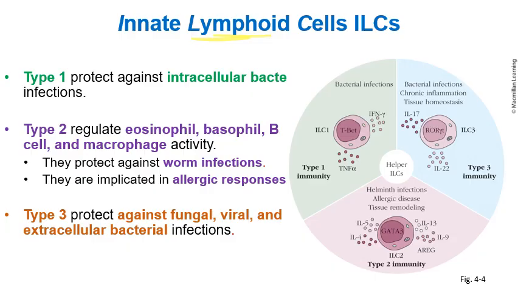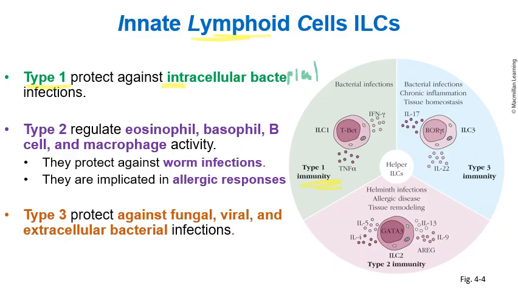So the first type of innate lymphoid cell that you have is the type 1. And you're going to fight here mainly intracellular bacterial infections. Type 1 here, you see in this diagram, is going to be mainly intracellular infections and also some types of viral infection.